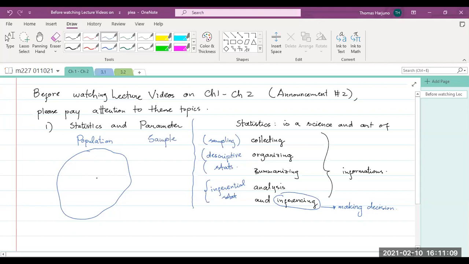Now, sample is only part of that. Sample is part of population. So you will see that population is unique, yet sample is not unique.